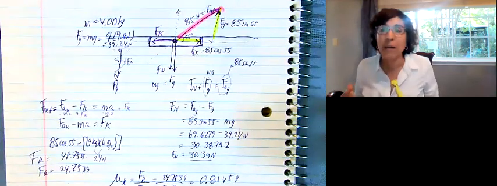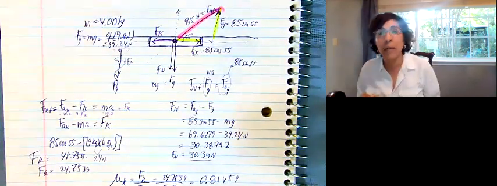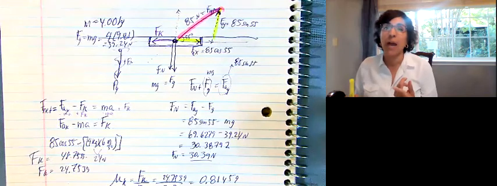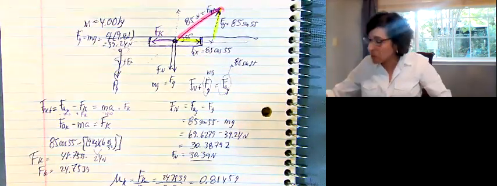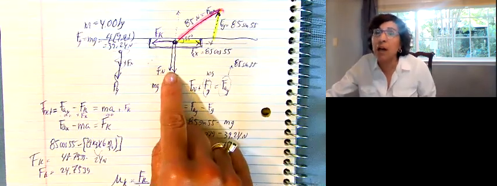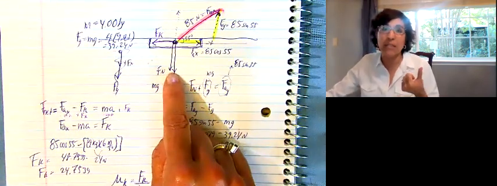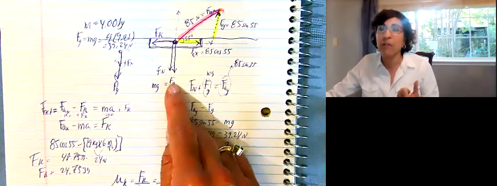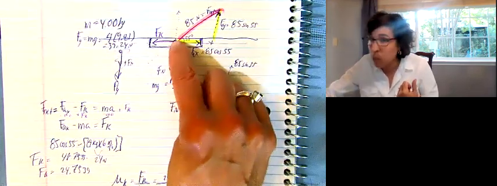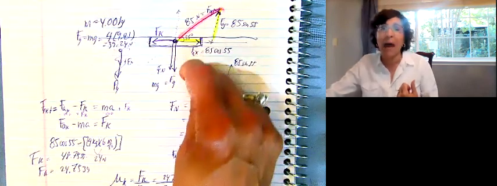Then everything else becomes kind of a tug of war, got to pay attention. How many vectors do I have in the y direction? And it's got to balance out. So that's what we did. We noticed I got 2 vectors pointing down. One is its weight, mg. There's always mg, straight down. But there's also the normal force because it's pushing up on the wall and the wall is pushing back.